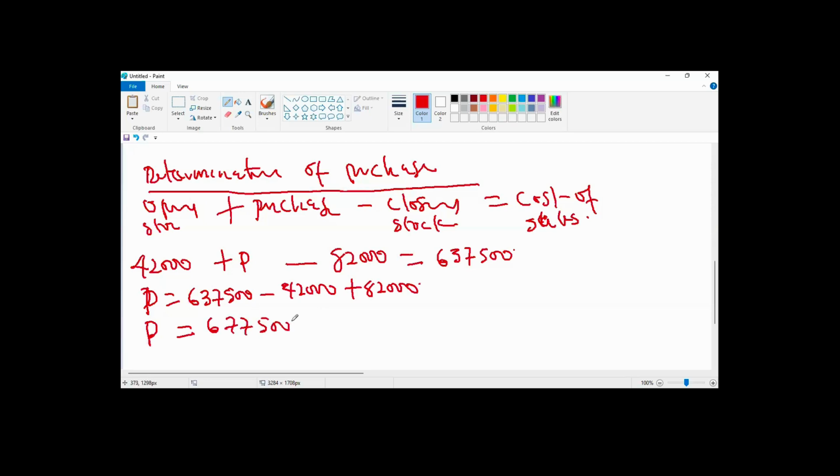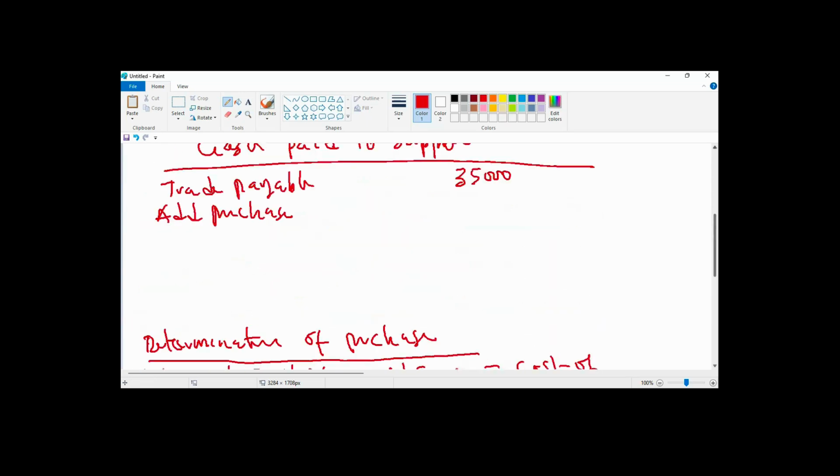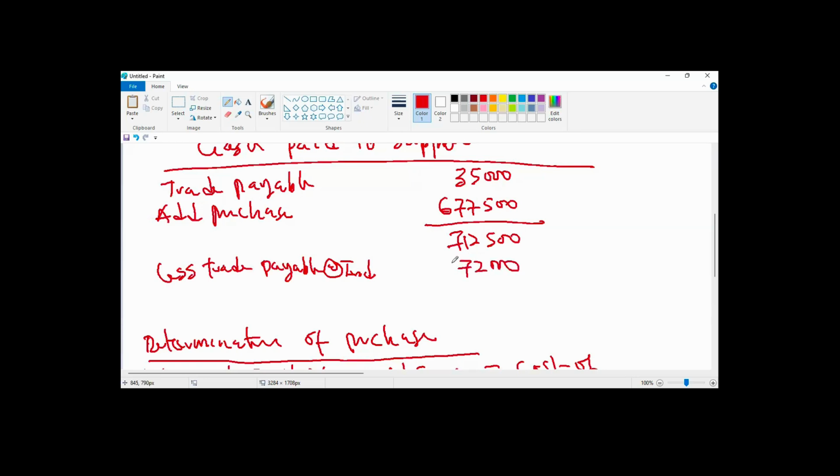677,500. I will now add the 35,000 trade payable, which gives 712,500. Then less trade payable at the end, 72,000, gives 640,500.